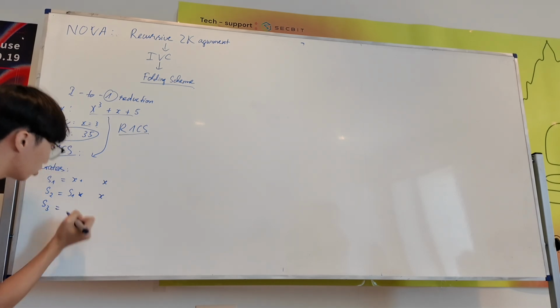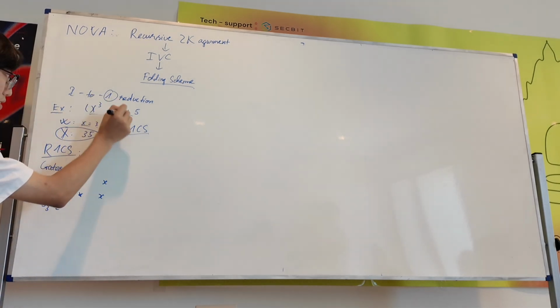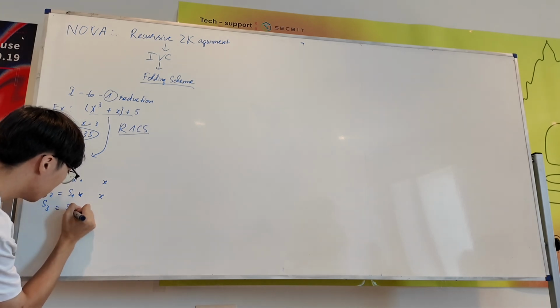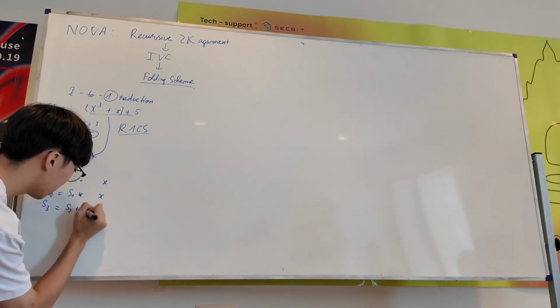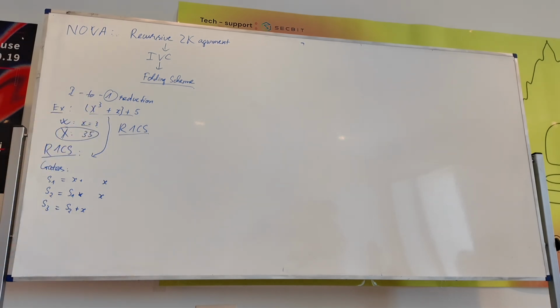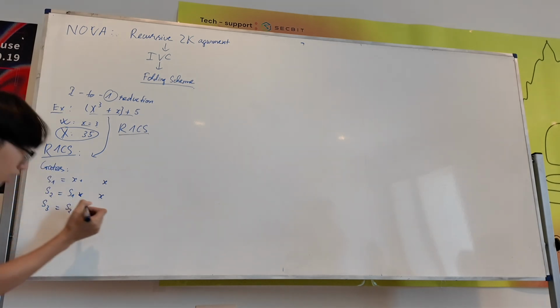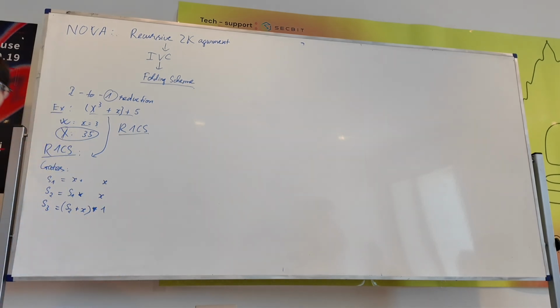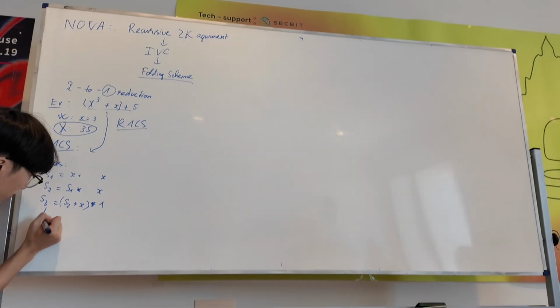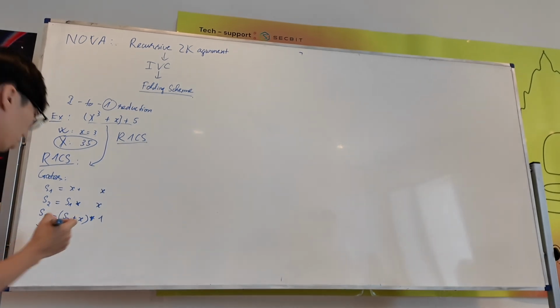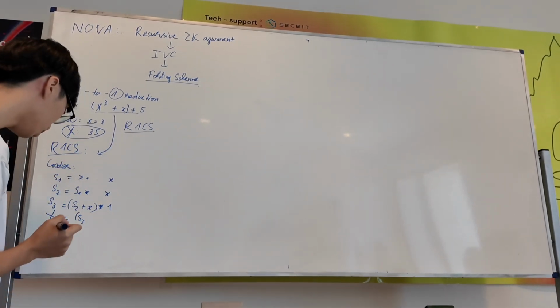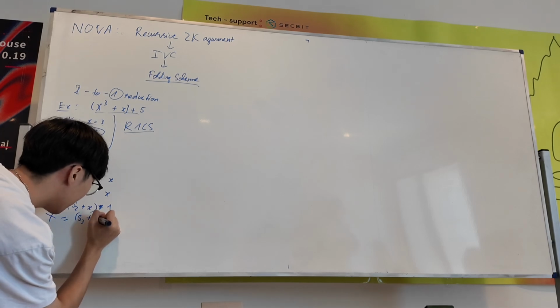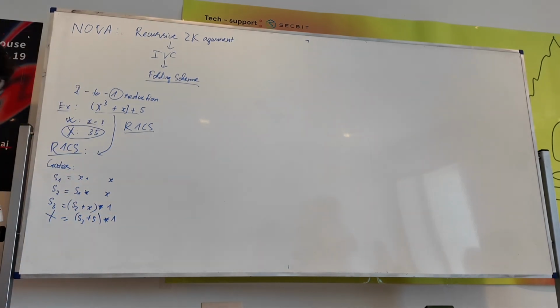So S3 equal to S2 plus x. But in R1CS it is defined in multiplication gates, so I will make it a multiplication, like multiply 1. And our instance X is equal to S3 plus 5, multiply 1.